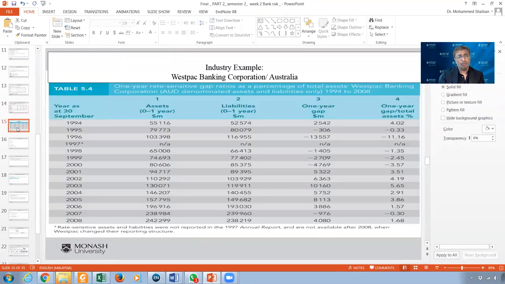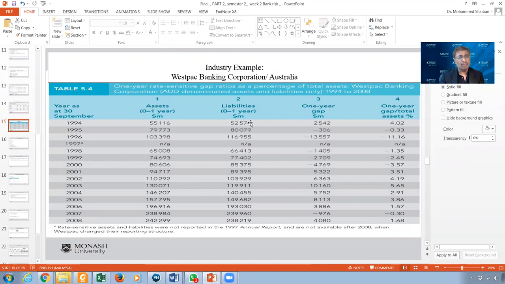I told you before that they have what we call the Westpac and all those banks. For example, this Westpac, one of the big four in Australia. And what they do, they report. And this is actually one of their calculations from 94 to the year 2008.